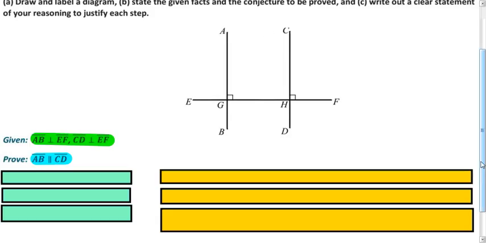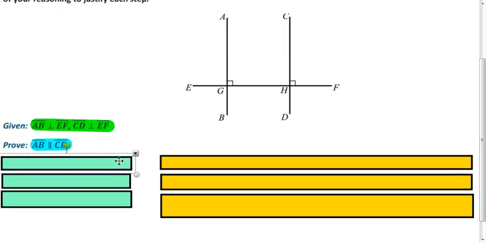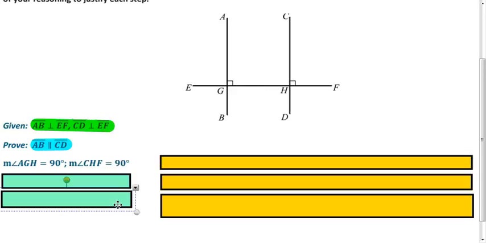So let's start with our given. Oops, that's not what we're given. All right, there's our conclusion. And the way they formatted it in this one, they just said this given was part of the problem. So how do we get these statements?